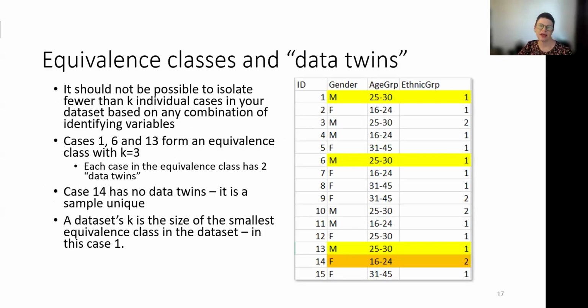So here's an example. Imagine your survey of people who work in a particular processing plant. It has 3 demographic variables: age group, gender, and an ethnic group variable.